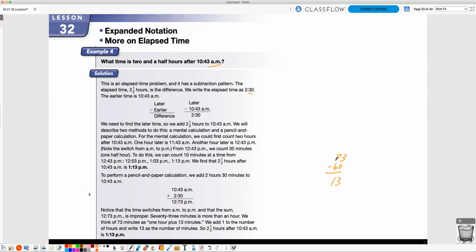And then if you were to add that into the hour side, 12 plus 1, in p.m., it's not going to be 13 p.m. Remember, it's going to now be 1. It'll be 1:13. So remember, it's 12 p.m. plus 1 hour after that would make it 1:13 p.m.